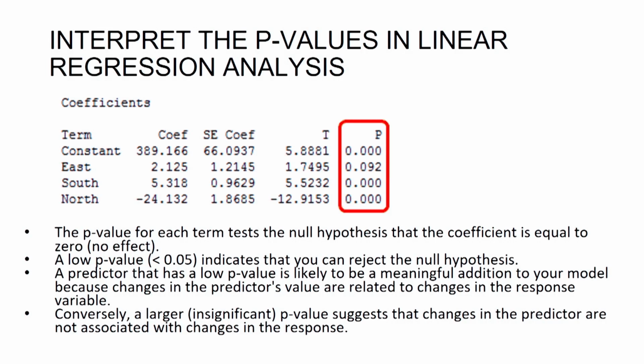Suppose east, south and north are different independent variables, and when we run a multiple linear regression model, we train it by taking east, south and north as independent variables, and as a result you will get some t statistics and p values. Here you can see the p value is low for a few independent variables and high for other independent variables.